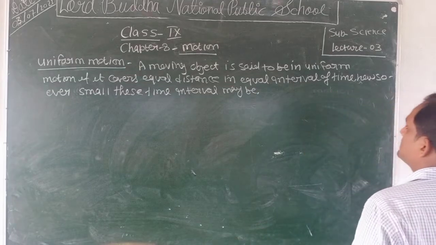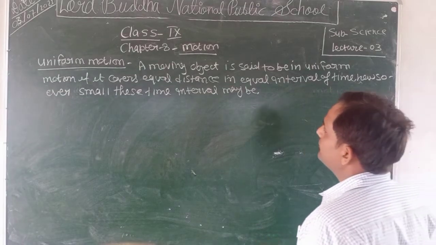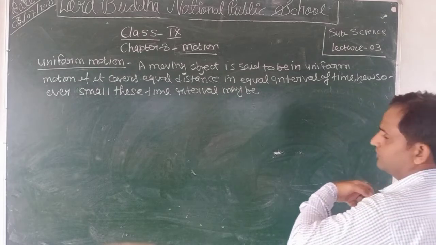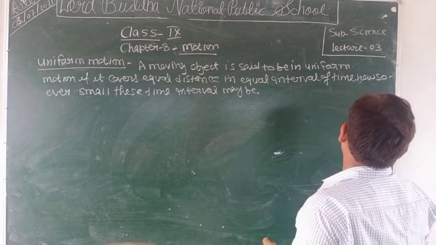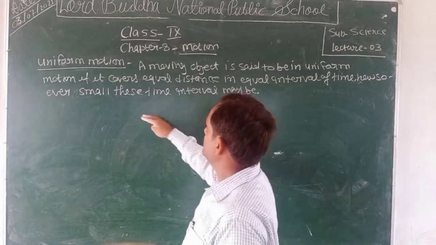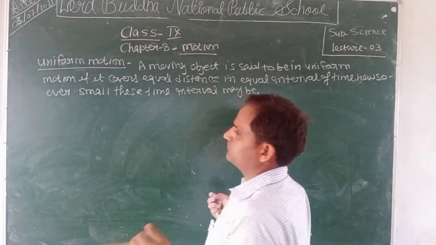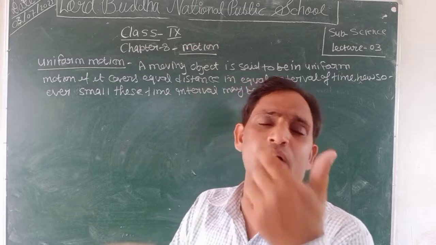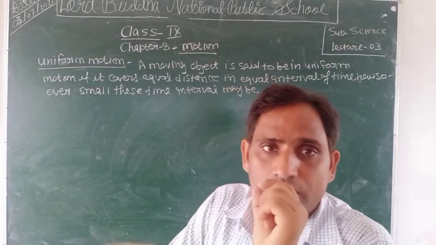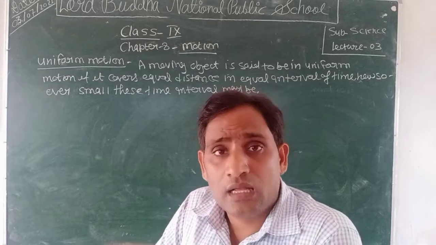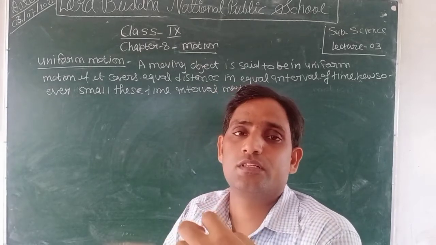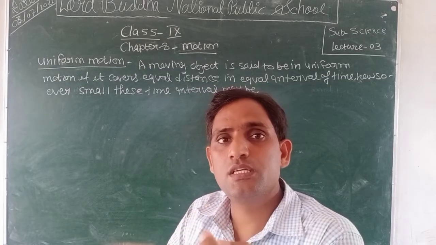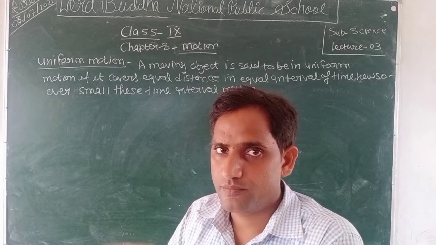A moving object is said to be in uniform motion if it covers equal distance in equal interval of time. However small these time intervals may be, means that the time intervals may be very small, but if in small time intervals also the object covers equal distance, then the motion is said to be in uniform motion.